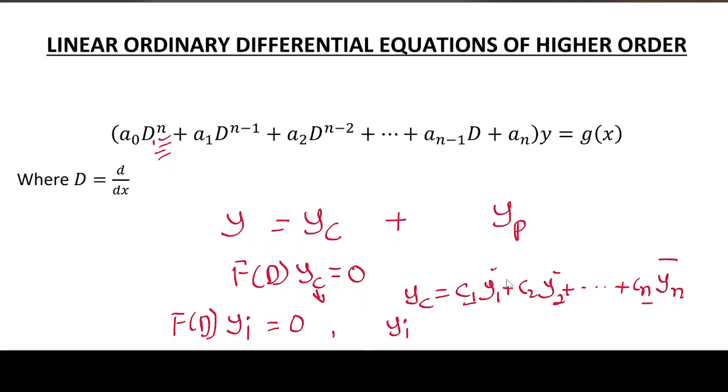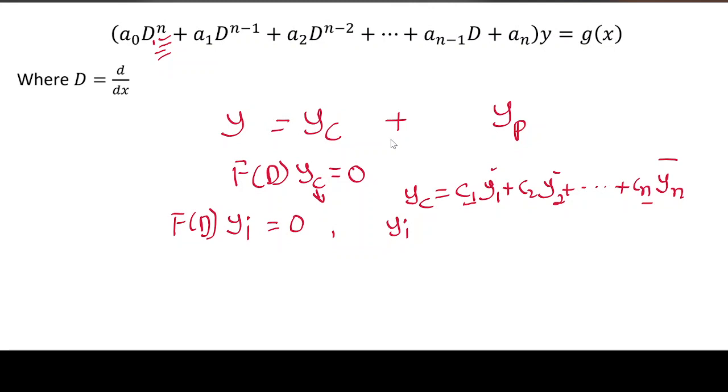That is, each of these yi is linearly independent. I cannot make this linear combination c1y1 plus c2y2 plus so on plus cn yn equal to 0 unless I choose all the ci's to be 0.